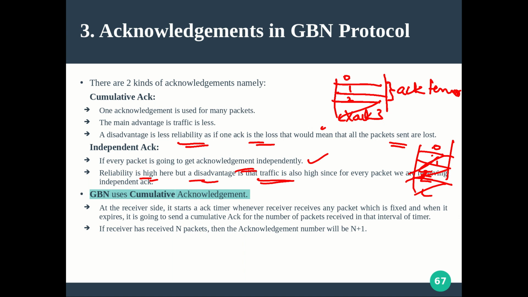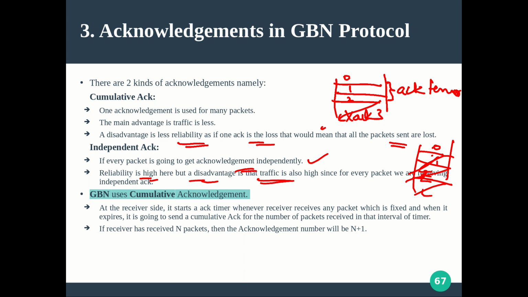So why don't we spend some cost in the form of this traffic or whatever it is? Why don't we spend some cost for independent acknowledgement also? That is the scenario. But Go-Back-N is found to be a cost effective solution, where it is preferred to have this cumulative acknowledgement.